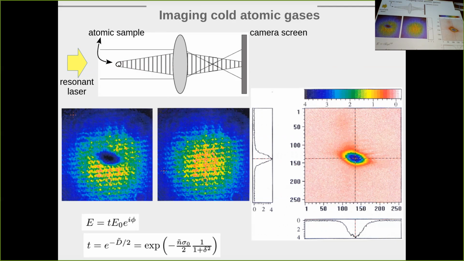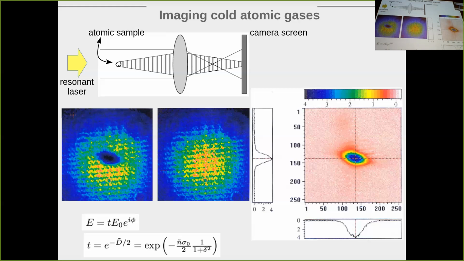I have to tell you that this imaging process is fully destructive because the atom-light interaction is somehow dissipative, and so we have a complete loss of the coherence of the condensate and also a strong heating. Okay, so overall the imaging process is destructive. And also, in order to do an accurate measurement of the absorption coefficient of the sample, we need to have some photons behind in the shadow.